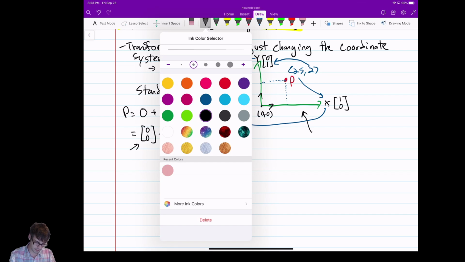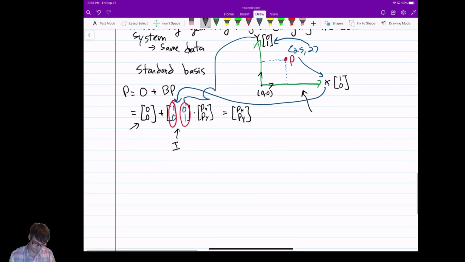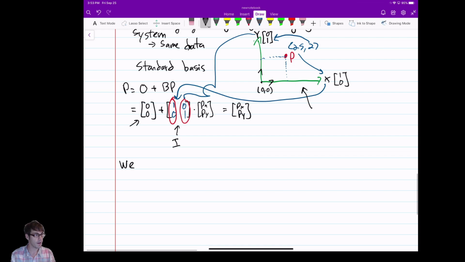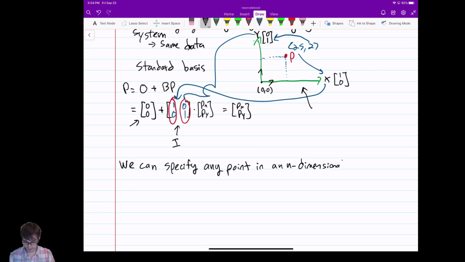So I'm going to write this out. So we can specify any point in an n-dimensional coordinate system. This is important because it's not just 2D, it's 3D and whatever you want as well.